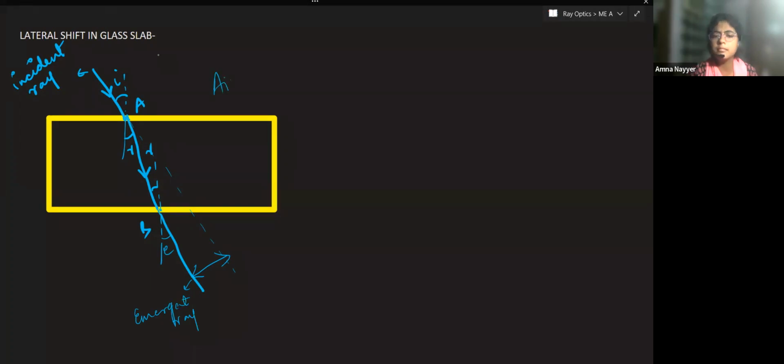Let's say this is air, and this is your glass slab, and the thickness of the slab is T. So the thickness of the slab is T. So what is lateral shift?